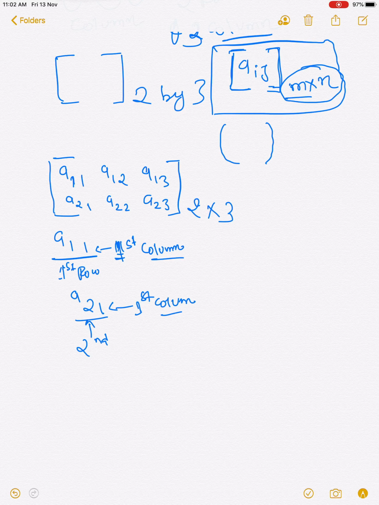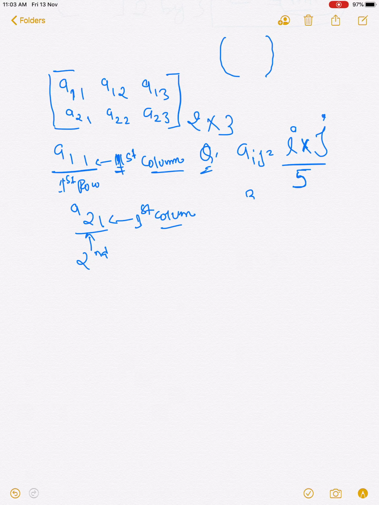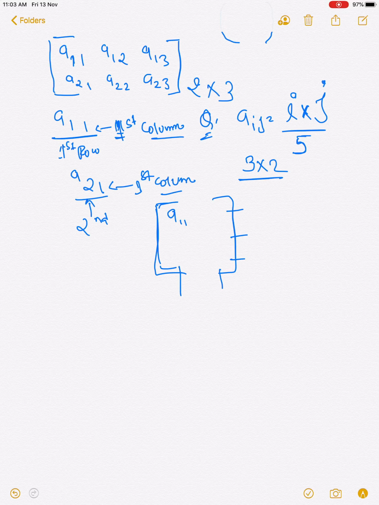If you are given a question like this: aij equals i into j by 5, and you have to get a matrix of order 3 by 2. That 3 by 2 matrix will have 3 rows and 2 columns. Here a11 is first row and first column.